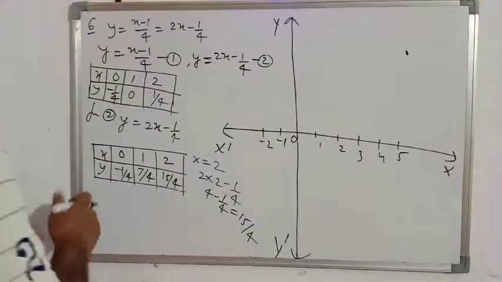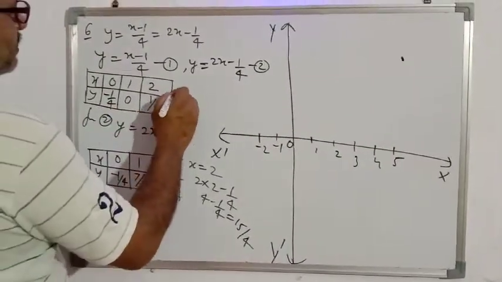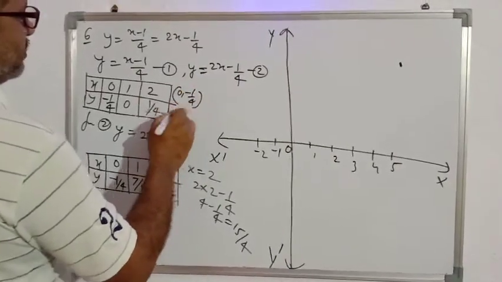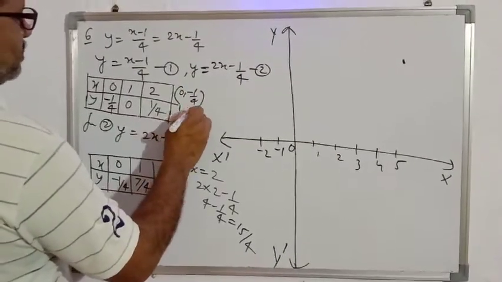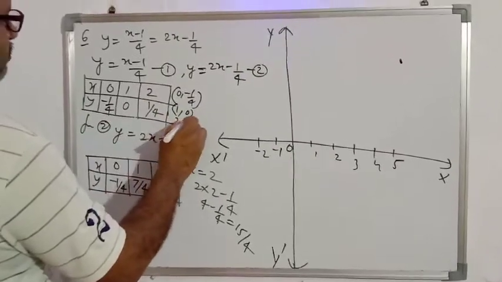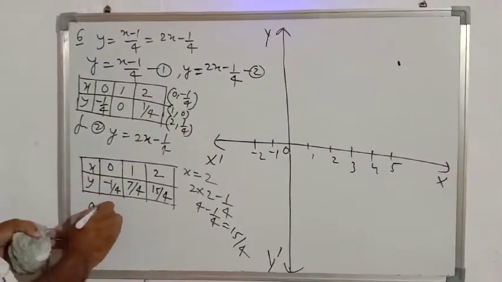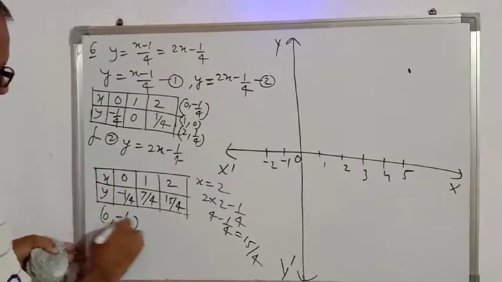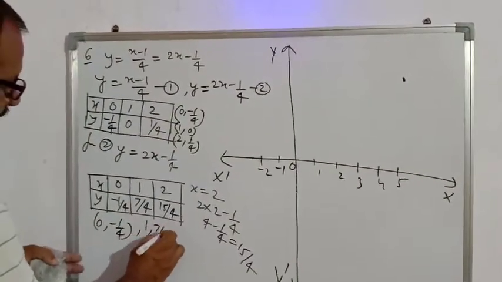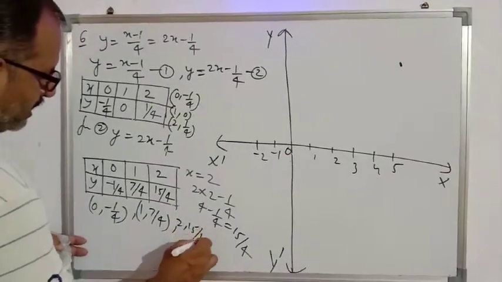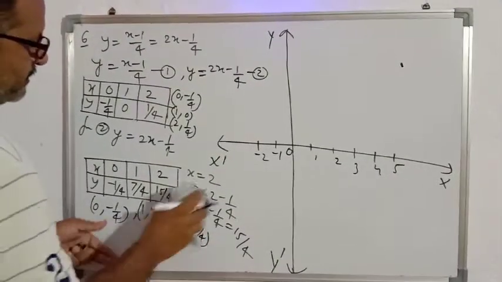Now we have to plot three points here. First one is 0, minus 1 by 4, then 1 comma 0 and 2 comma 1 by 4. For the second, 0 minus 1 by 4, 1 comma 7 by 4 and 2 comma 15 by 4.